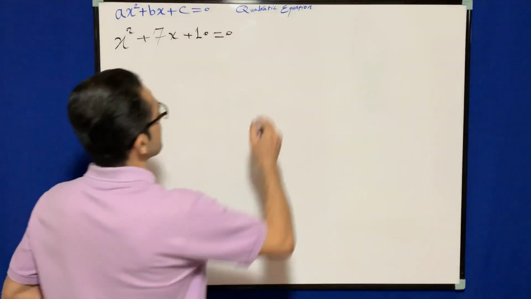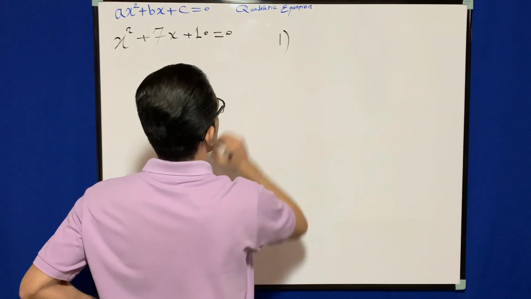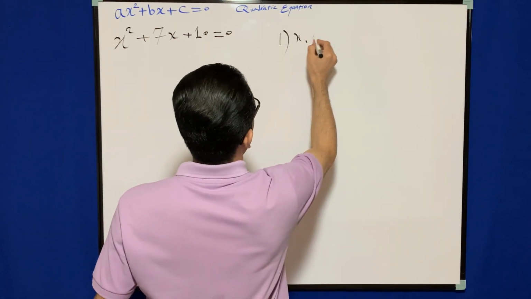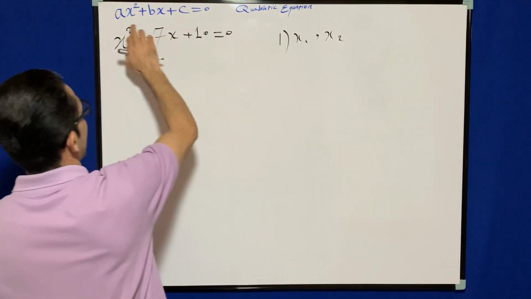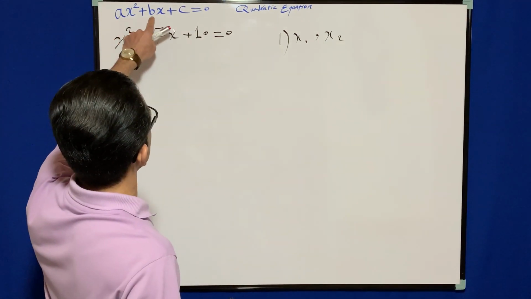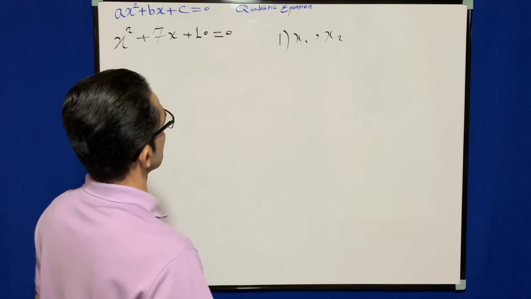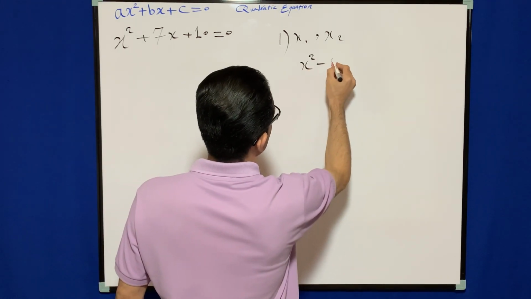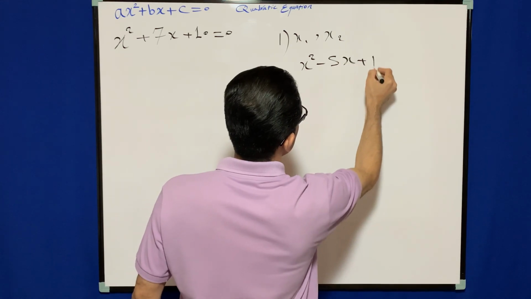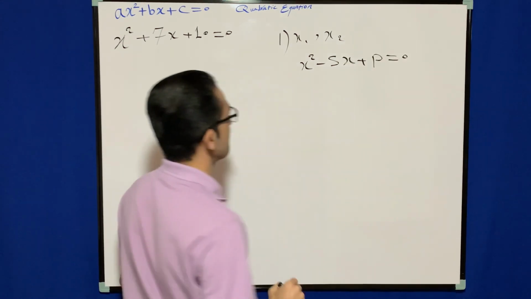Rule 1. If x1 and x2 are roots of a quadratic equation in the form of x squared plus bx plus c equals 0, it can be written as x squared minus sx plus p equals 0.